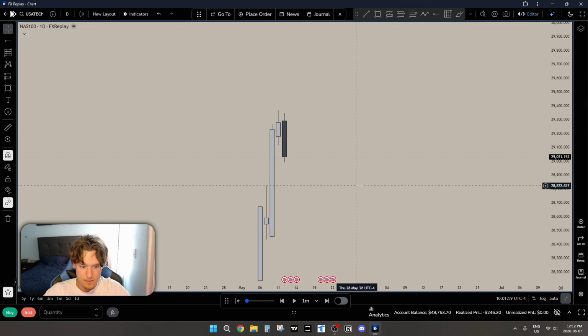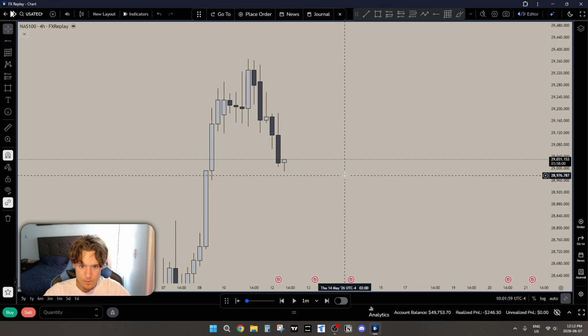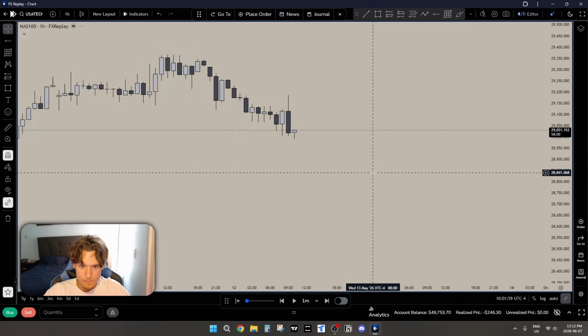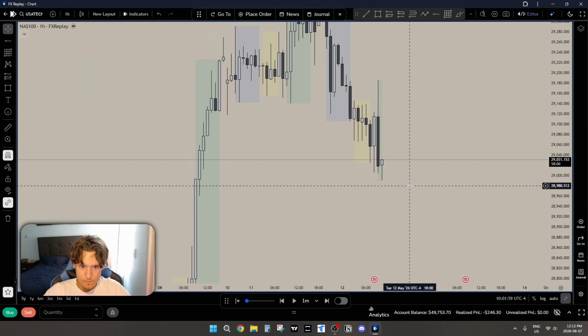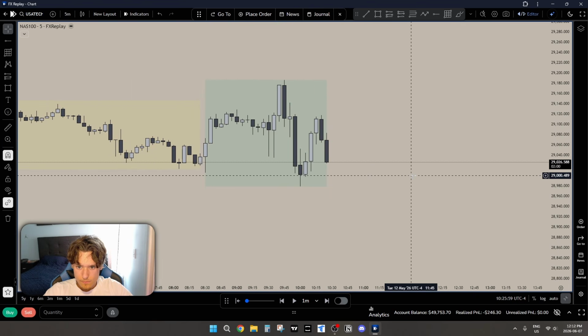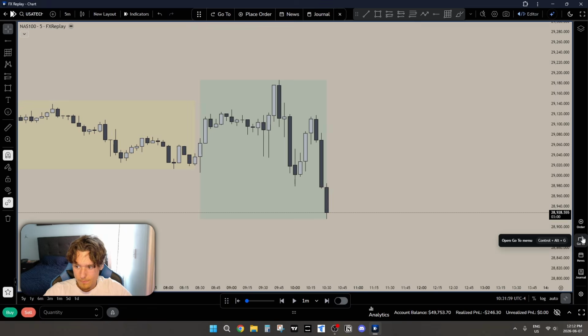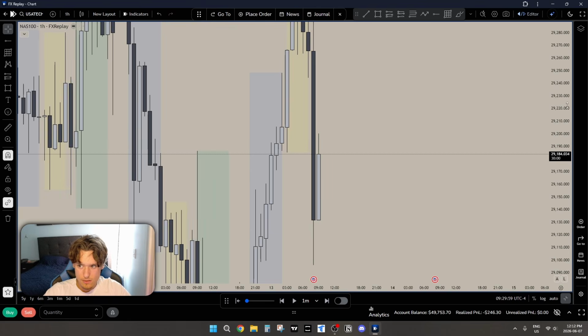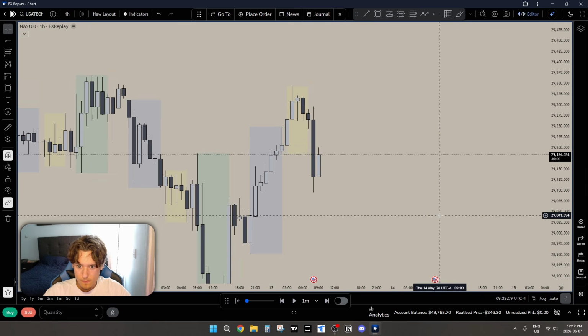Could very easily start seeing a retrace. Maybe get a re-entry over here, actually. Okay, no. But they don't want to see us win. They just simply don't want to see us win.